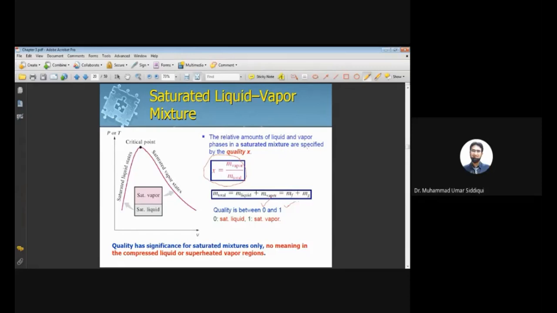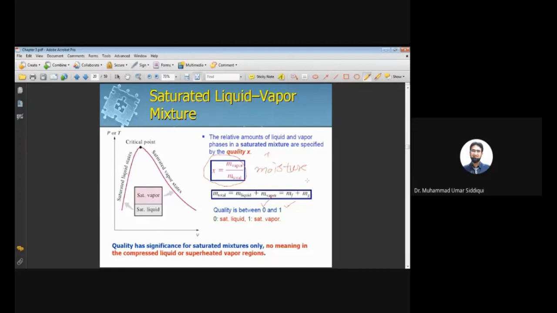The opposite of quality we call moisture. When we say quality, it is the fraction of the vapor content. When we say moisture, it is the fraction of liquid content.